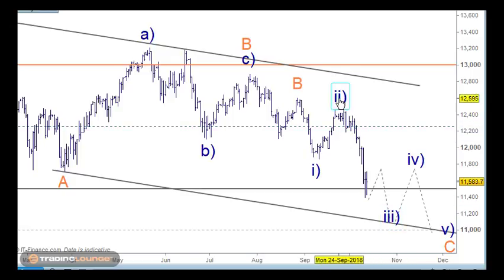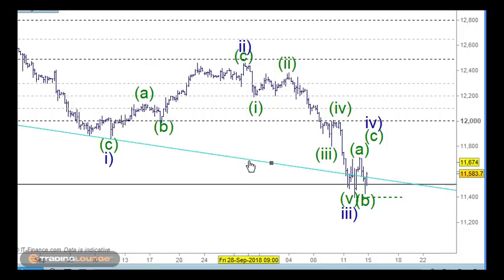But if I consider this little high here as the high, then that wave 3 can be in place here. So I just want to talk about this as such. If I go to the 4-hour chart and take the high from this point here, I could look at this as wave 1 here, wave 2 here, and 5 waves down for wave 3 and wave 4, and then the drop down here is wave 5.